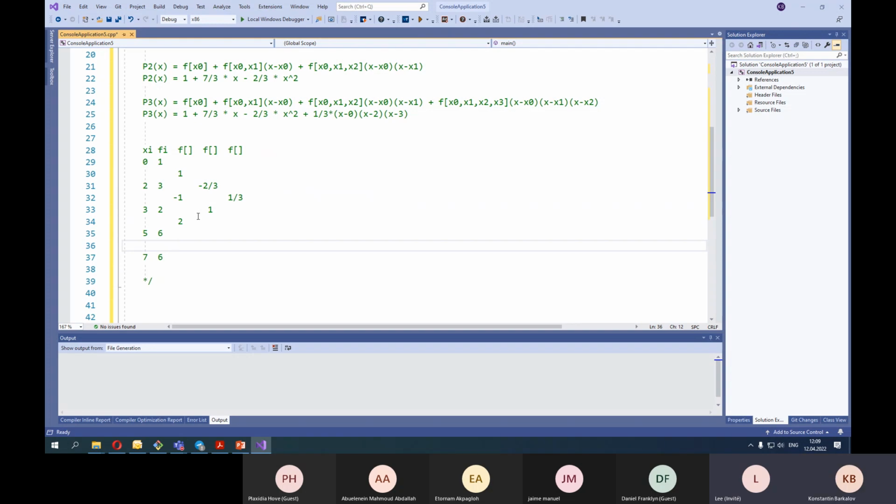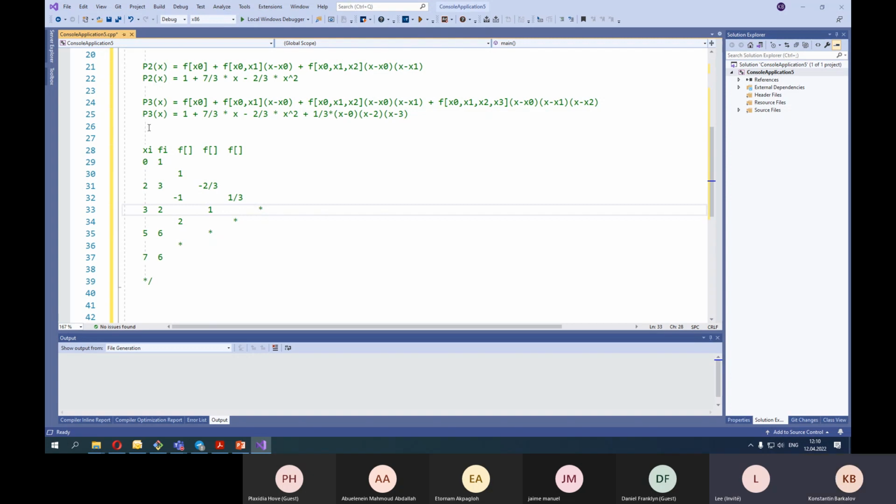You should compute this divided difference, then this divided difference, then this divided difference, so that there is one more new divided difference here. So you should compute just 4 numbers using corresponding formulas.